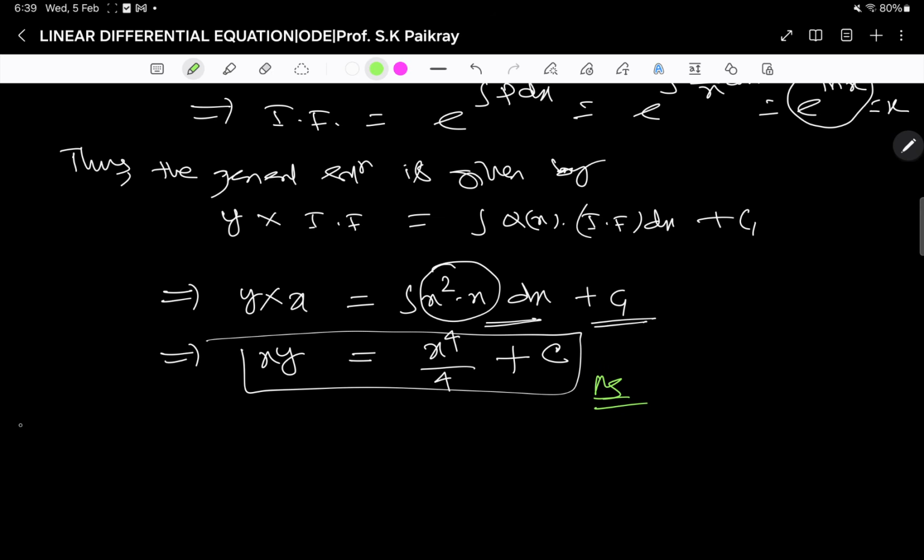Now coming to example number 2, solution of 2. Let (1 plus x square) dy by dx plus 2xy is equal to 4x square.